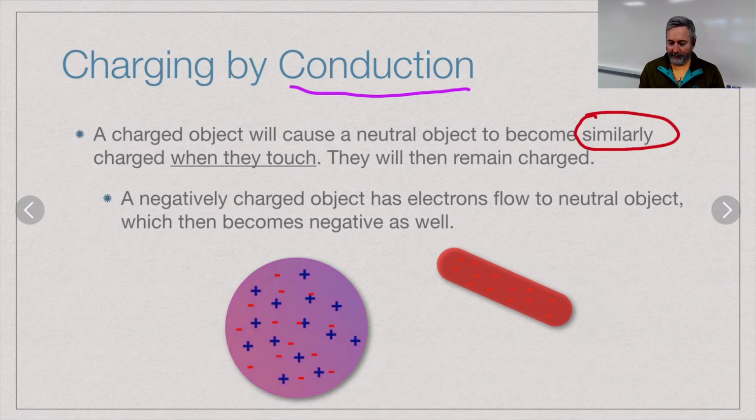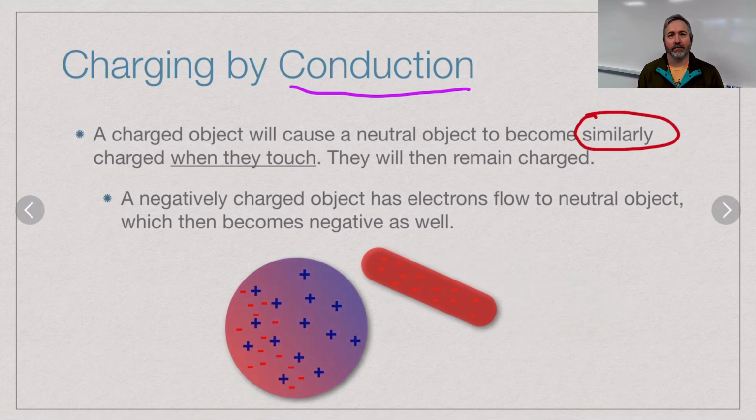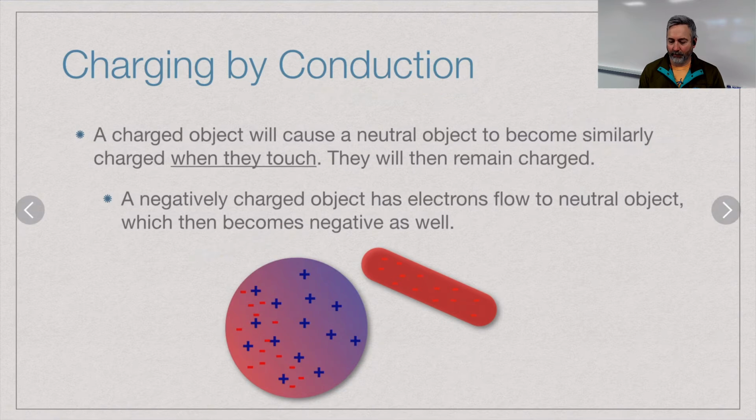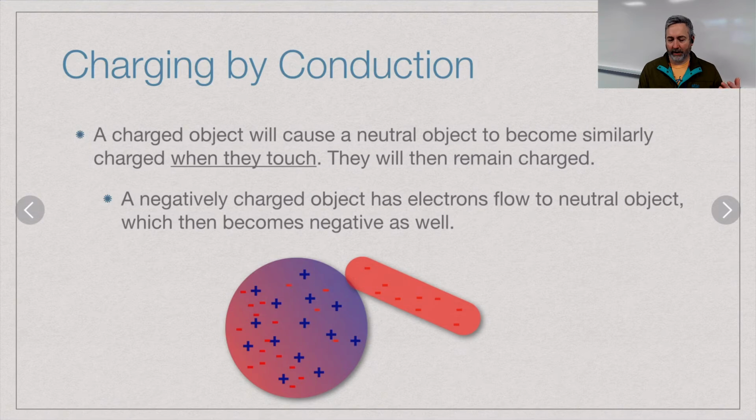So if we look at that, the first thing I do is polarize it, because again, this is a conductor. That has to be the case. So those move around. And then I bring that charged rod closer, and some of the excess electrons go into the neutrally charged ball because they're attracted to the nearby protons.